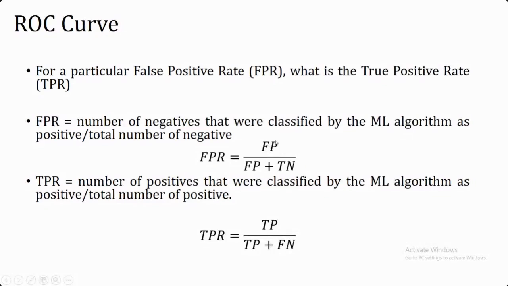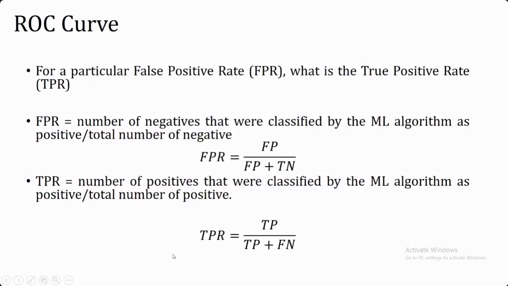So this is your wrong prediction, and this is your false positive rate. In the case of the true positive rate, this is your total positive; out of this total positive, this much you have been able to identify. This true positive rate is basically your recall.